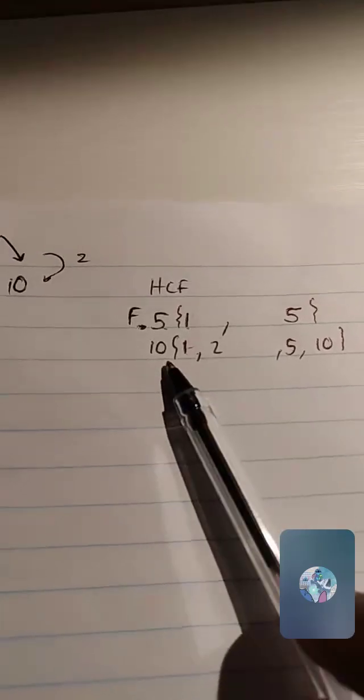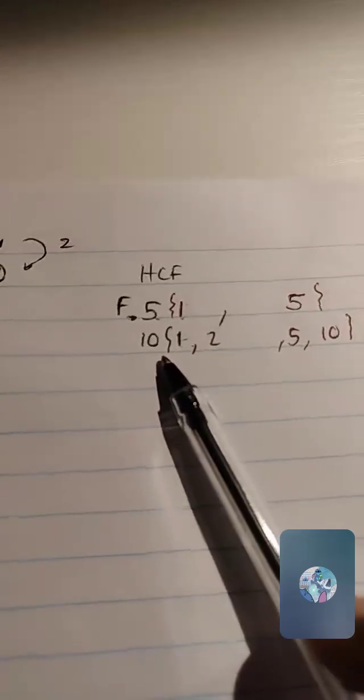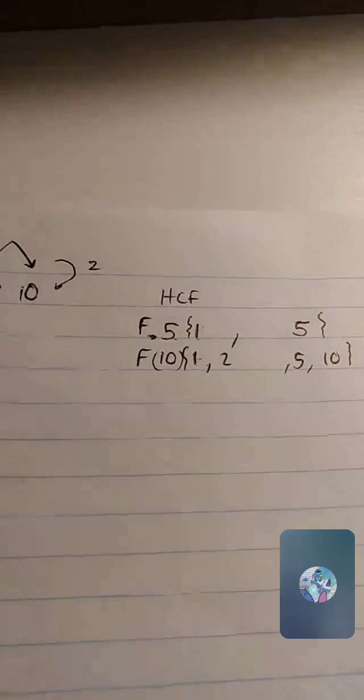Does 3 go into 10? It does, but it leaves a remainder. If it leaves a remainder, we don't regard it as a factor. So factors are numbers that go into other numbers without leaving a remainder.